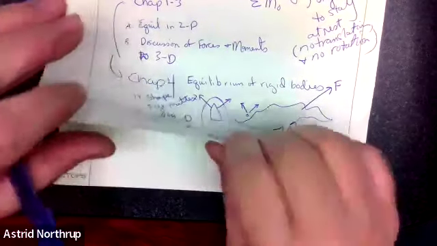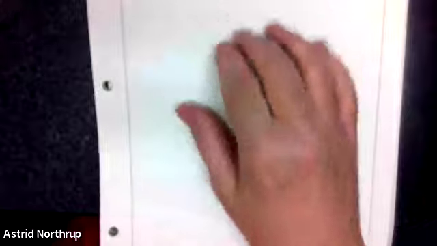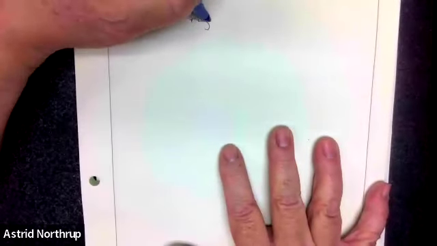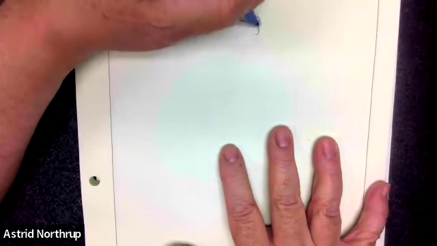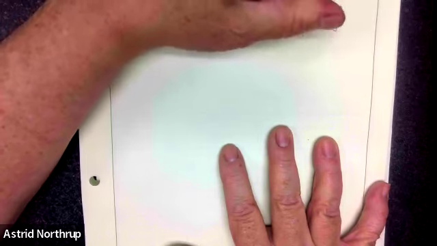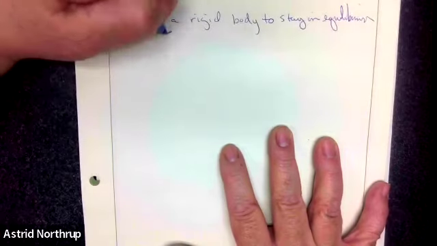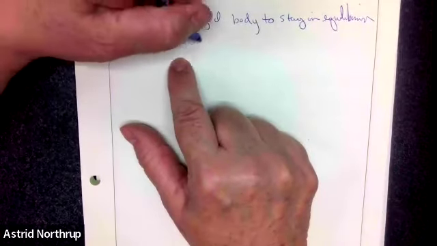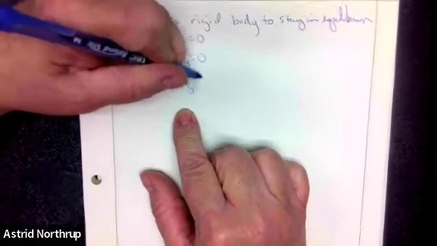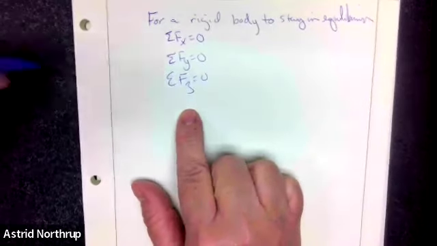So what this means is, functionally, for a rigid body to stay in equilibrium, the summation of forces in the x direction, the summation of forces in the y direction, and the summation of forces in the z direction all have to sum to 0.